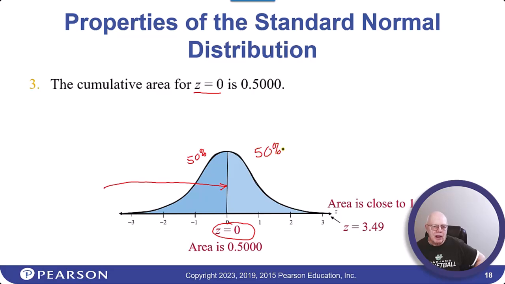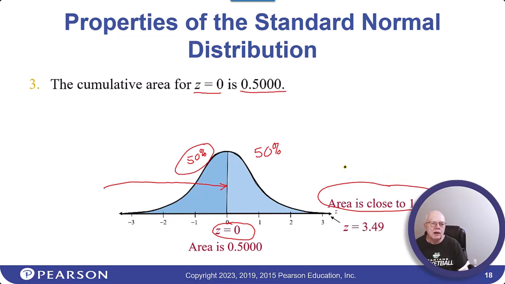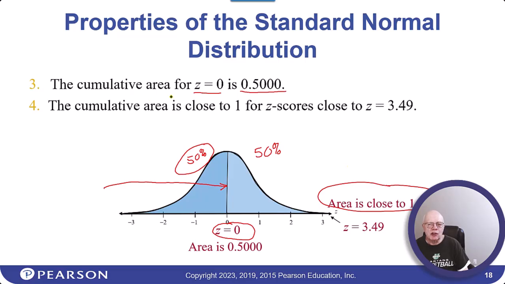Remember the total area is 1 for the entire area under the normal curve. If you only go to 0.5, it's going to have half of that one area. For a z-score close to 3.49, remember that's way out here, and by the time you get to 3.49, you've passed almost all the area. There's almost nothing left, so you're extremely close to the total of 1.